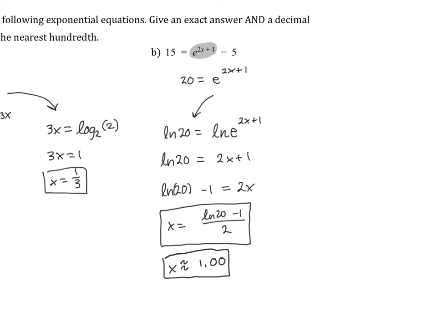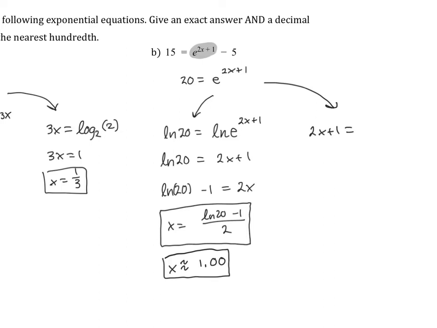Now, if you don't really like this method, let's try that other method of rewriting as an exponential equation. So our first step will always be the same. Now from here, let's try rewriting it. So our base is e, our exponent is 2x, and the result is 20. So remember, logarithms define exponents, so that's what it's going to be equal to.